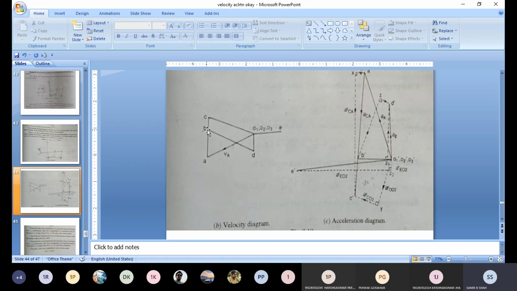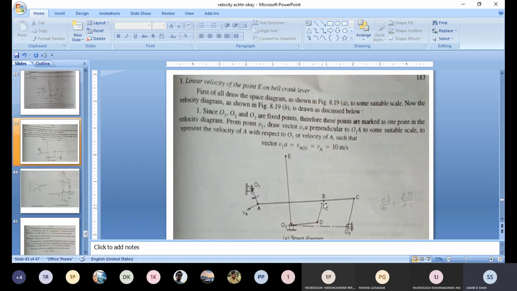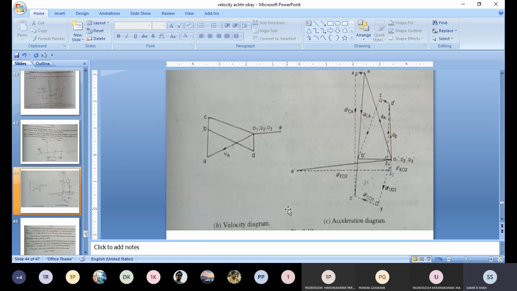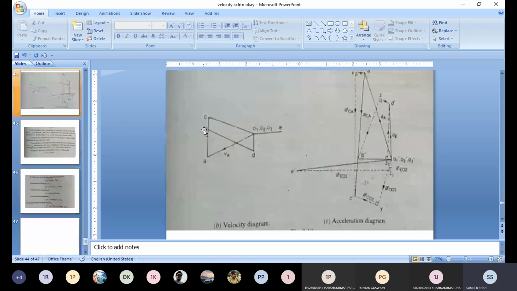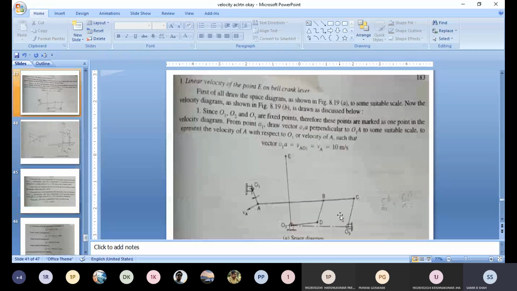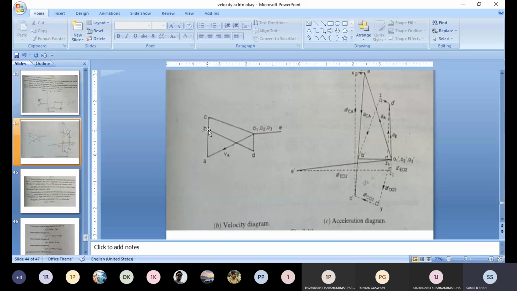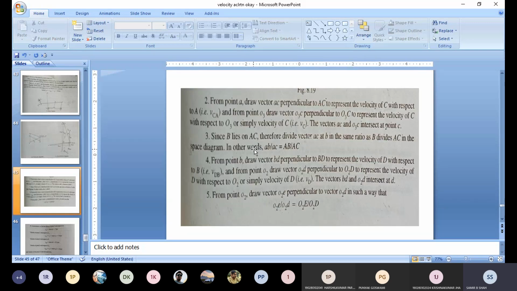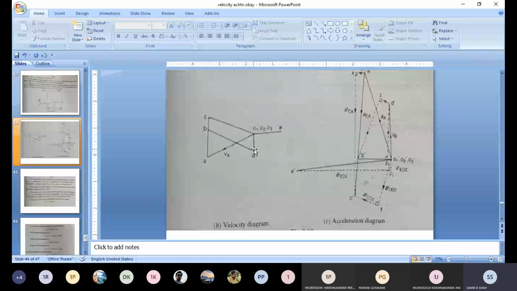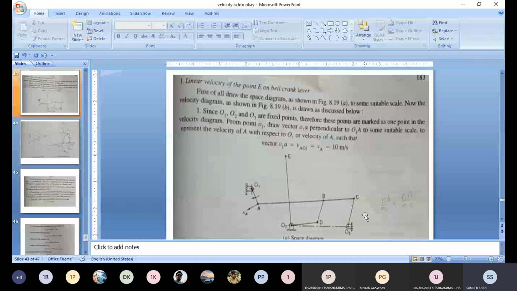After that, as we know from the diagram, B is joined with D. In which way? We know very well: draw the perpendicular line from point B. We are trying to search for D. From point B we draw one perpendicular line whose direction we know, but magnitude we don't know.